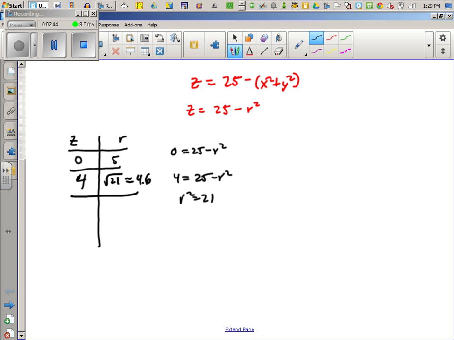Let's make z 9. I'm just trying to get a few points. Yeah, that works out real good, because then r squared equals 16, so r is 4.